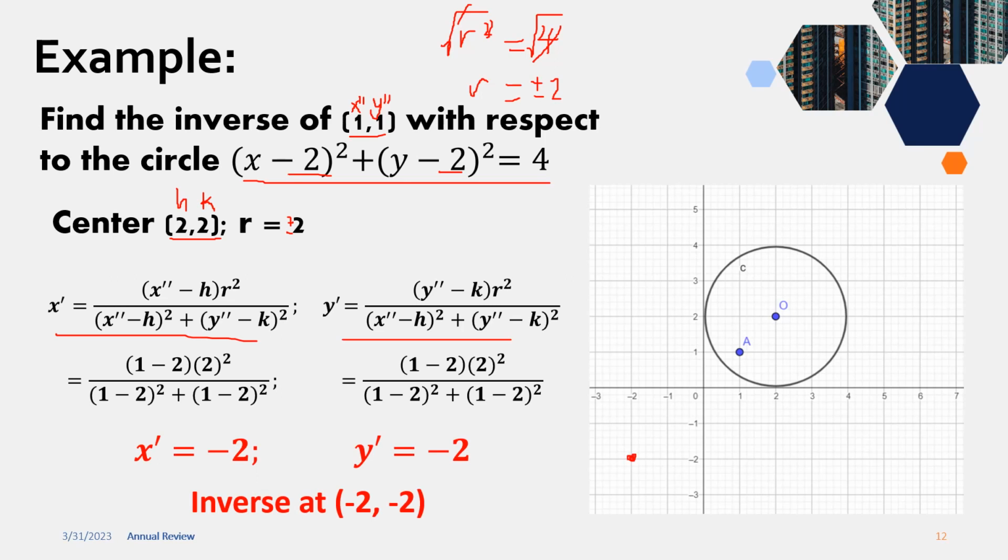Suppose that we denote it A prime. This will be the point of inversion, starting at the point in here and going through this. So that's it, inverse at this point, negative 2 and negative 2.